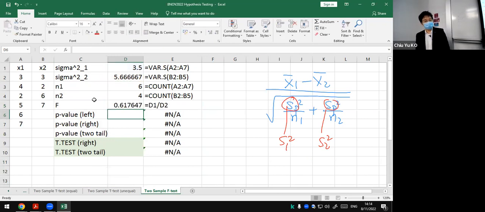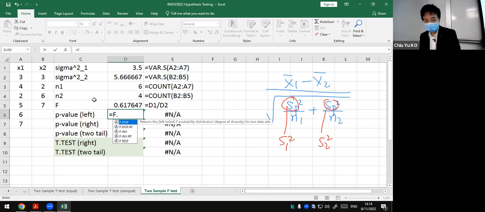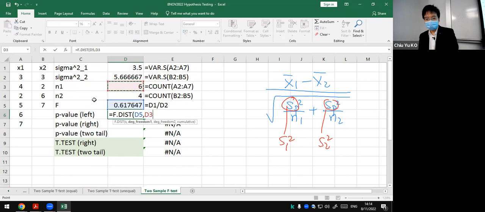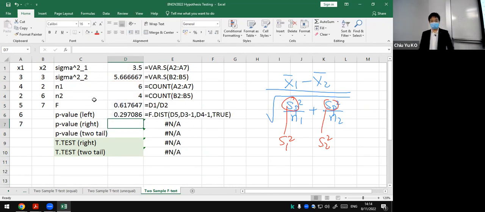And then the left tail, the p-value will be just F of this value, you put this minus 1 and this minus 1 and true. And this gives us already a p-value, right? And you can take 1 minus this one will be the answer.